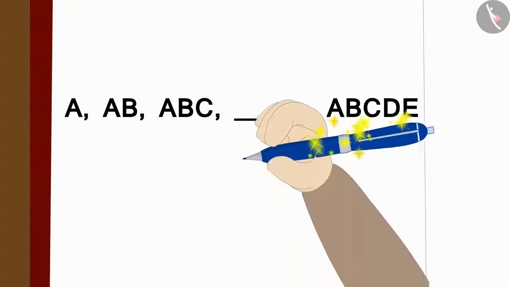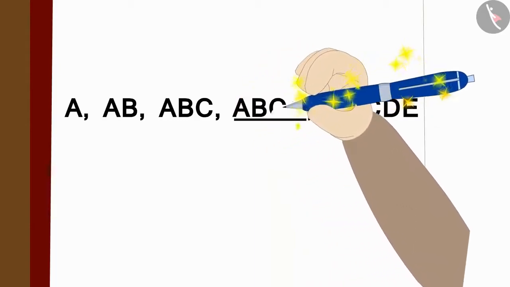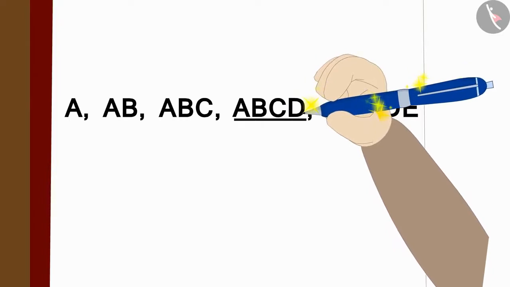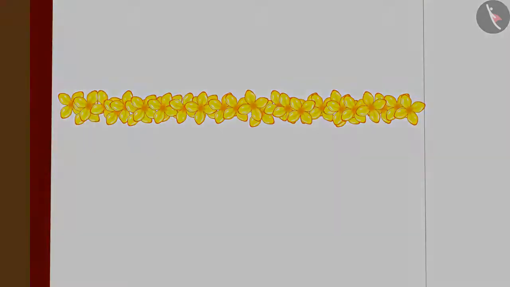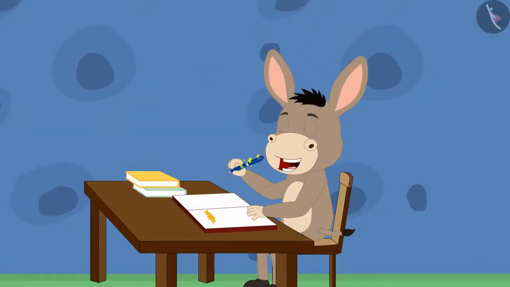With your help, Bhola also wrote down the letters that came in the blank. This time, when Bhola filled the blank correctly, all the letters became golden flowers. Bhola could not believe his eyes.